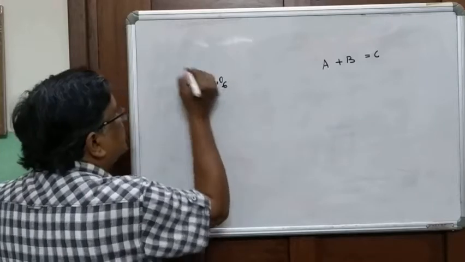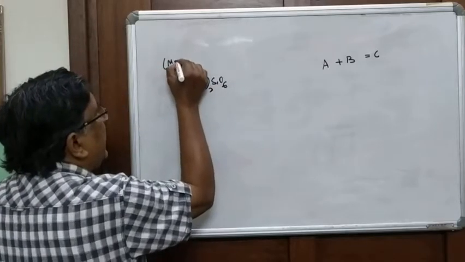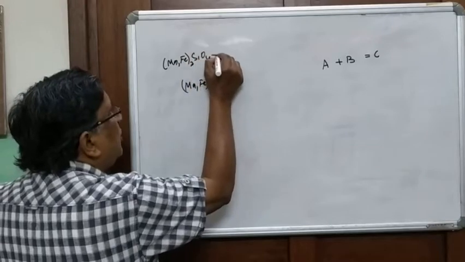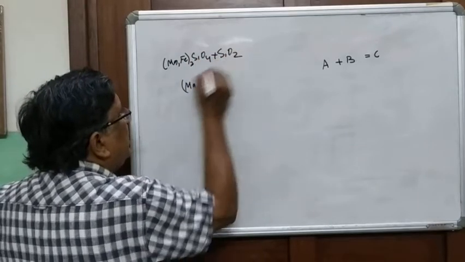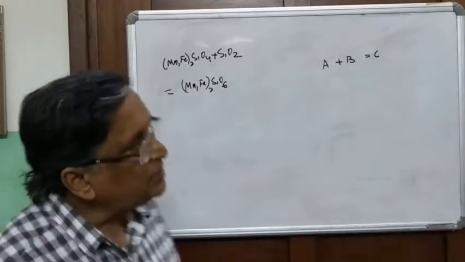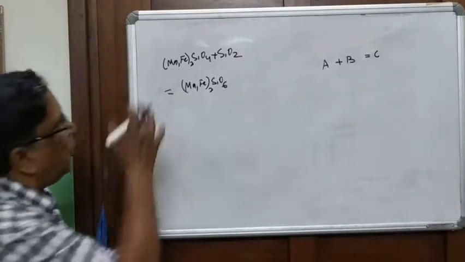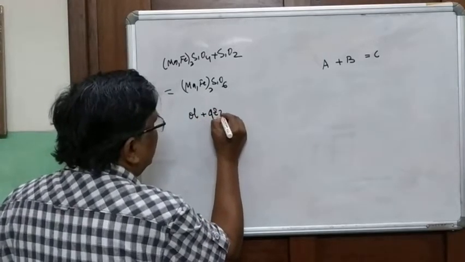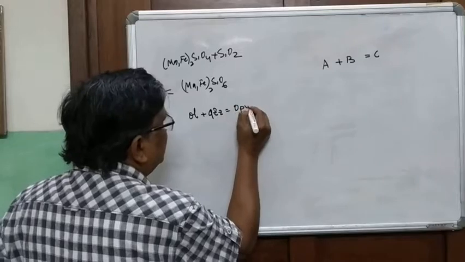Say Mg2Fe2Si2O6 is produced through a reaction (Mg,Fe)2SiO4 plus SiO2 is equal to Mg2Fe2Si2O6. Right? So this is the actual reaction, or olivine plus quartz is equal to orthopyroxene.